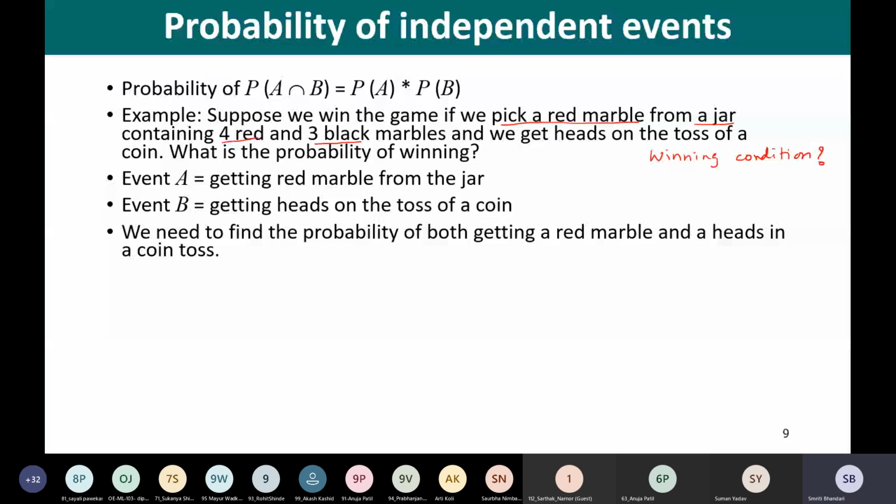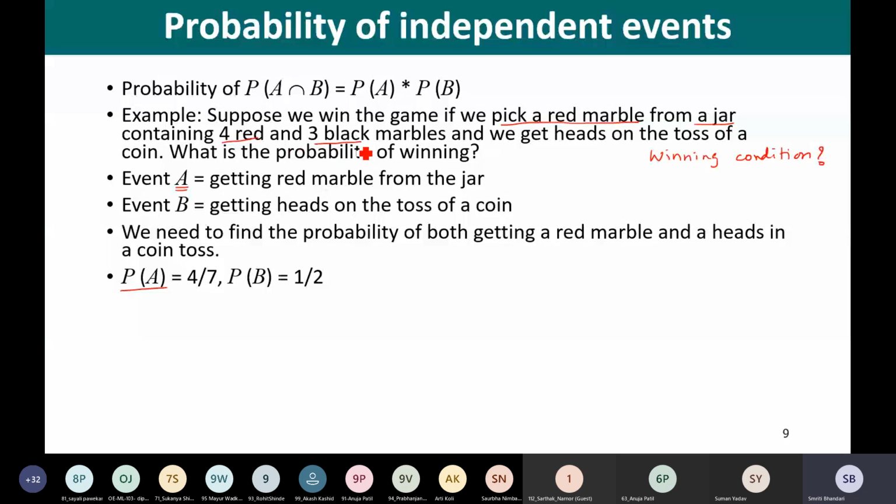If we get both of these, then only we'll say that we are the winners. So, what is the probability of event A?